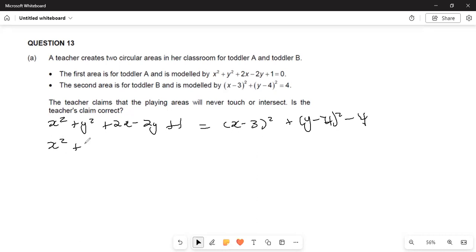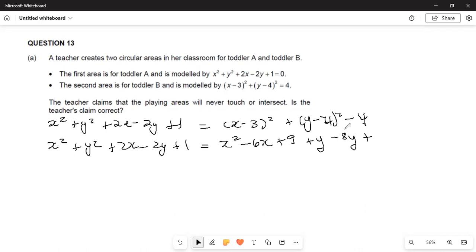Let's expand on that: we'll get x squared minus 6x plus 9, and y squared minus 8y plus 16, minus 4.